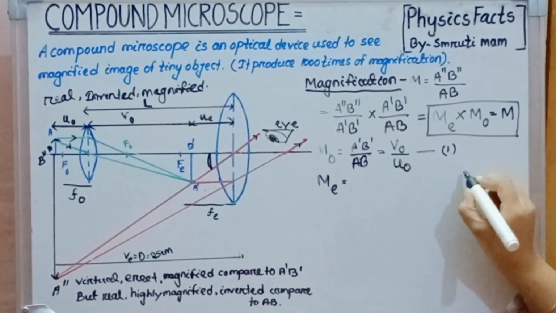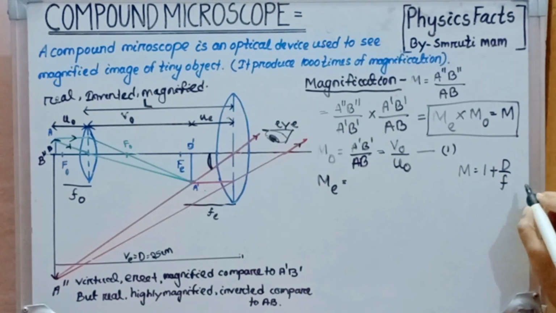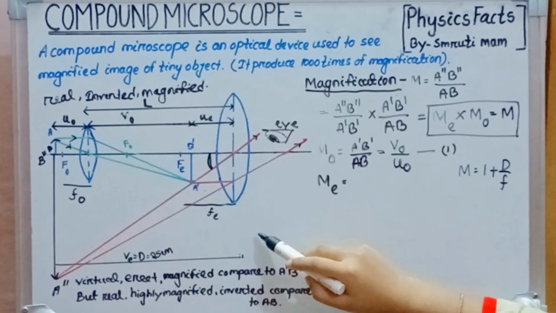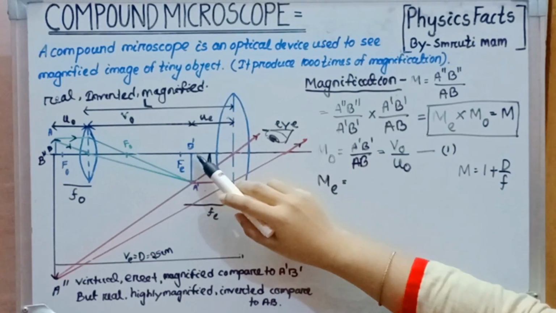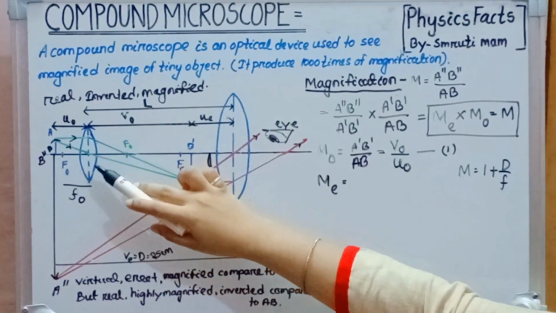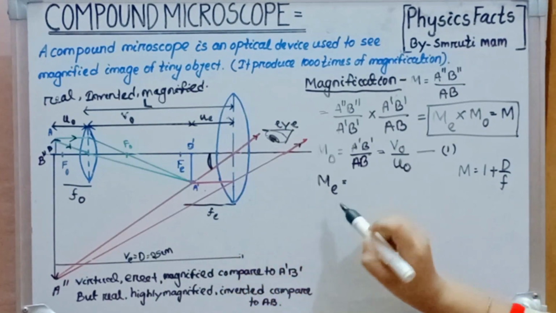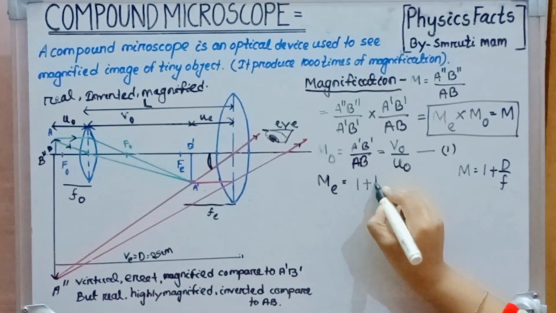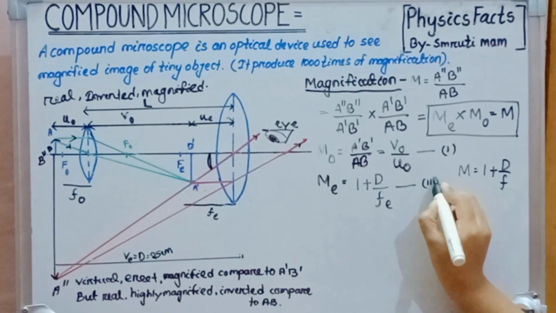That formula, magnification M equals to 1 plus D by F, where image is produced at least distance of distant vision from eye or from us. So here for eyepiece lens, A prime B prime is the object and A double prime B double prime is the image produced at least distance of distant vision. So that magnification of eyepiece lens, ME, is equals to 1 plus D by FE, where FE is the focal length of eyepiece lens. This one is equation 2.